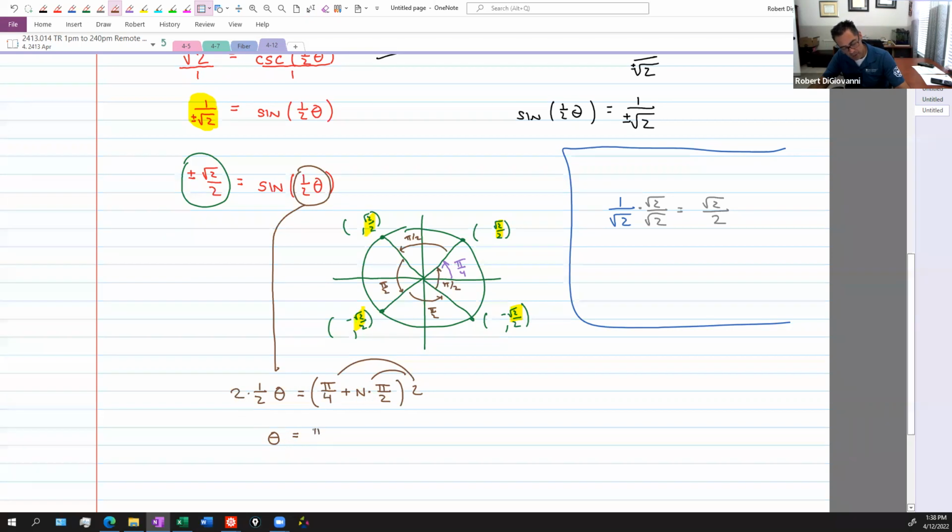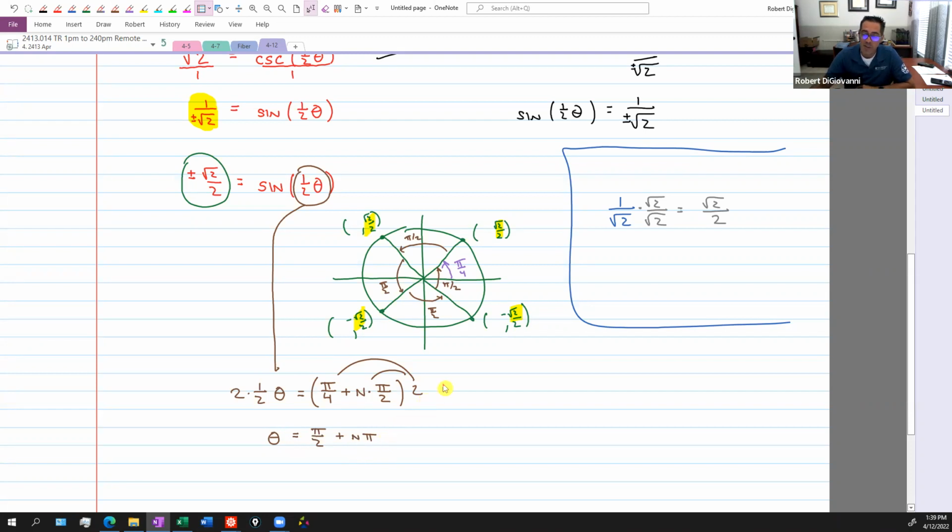You'll get pi over 2 plus n pi. Right now, I have an infinite number of critical numbers. There's an infinite number of these, aren't there?